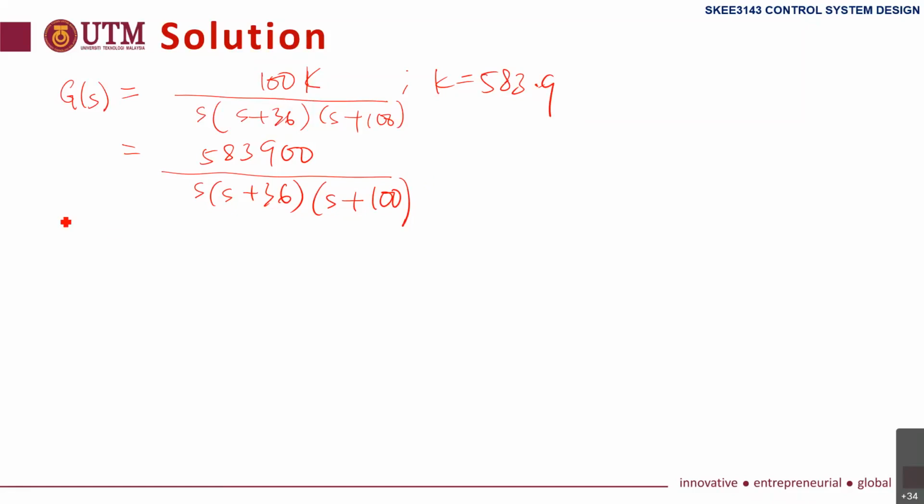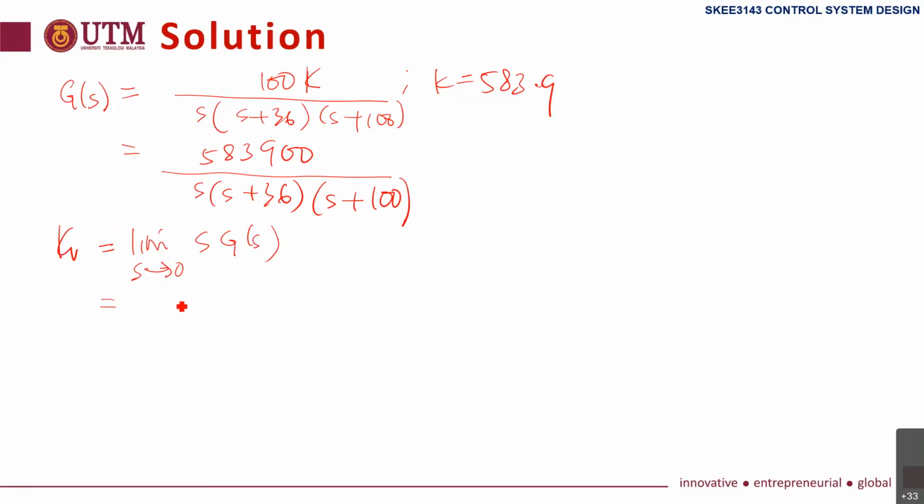We can calculate Kv. Remember, Kv can be obtained from the plot, and can also be calculated. Of course, if we calculate, it will be more accurate. So Kv is the limit as s goes to 0 of sG(s).